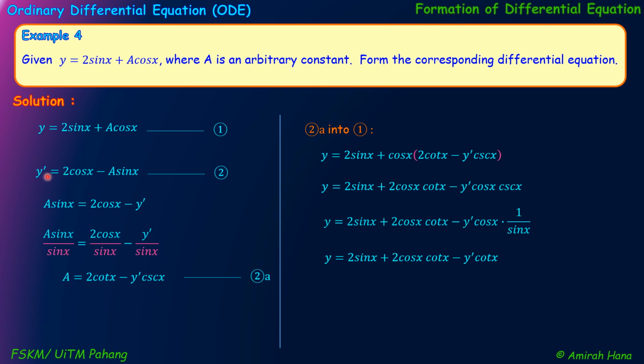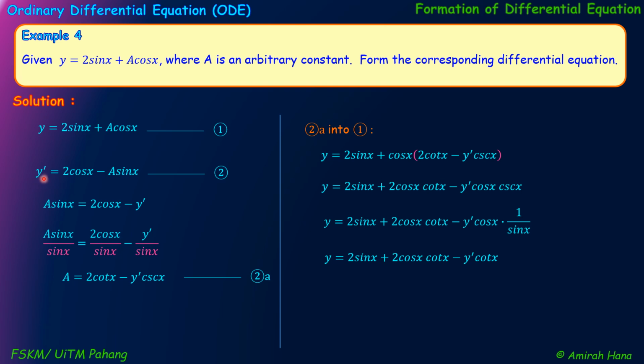We just differentiate one time only because we only have one arbitrary constant. If we have two arbitrary constants, let's say a and b, we need to differentiate 2 times. If we have 3 arbitrary constants, let's say a, b, and c, we need to differentiate 3 times. In this case, the given arbitrary constant is 1 only, so that's why we just differentiate 1 time only.